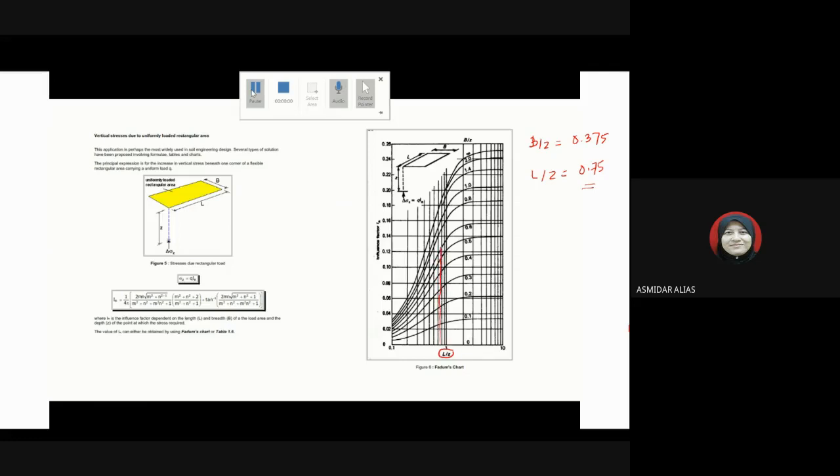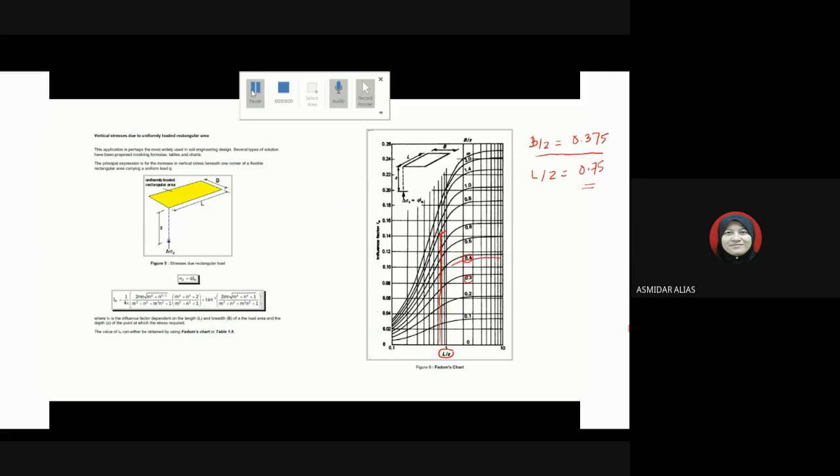Okay, awak buat jangan menggigil-gigil macam saya buat. So that is the best yang saya boleh buat. And then you baca pula untuk B over Z, that will be 0.375. So kita kalau boleh scale kan dia antara 0.3 dengan 0.4. So saya agak-agak je lah pada 0.38 lebih kurang kat sini.